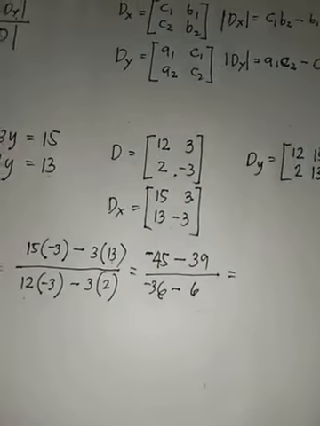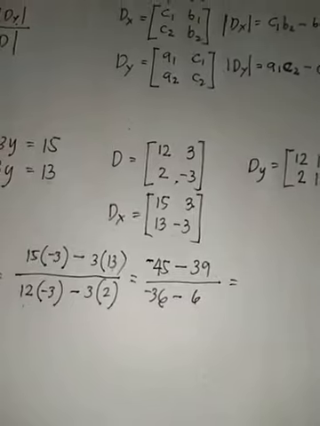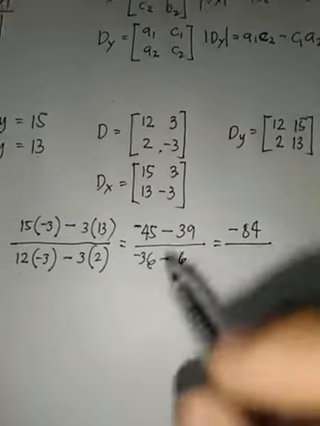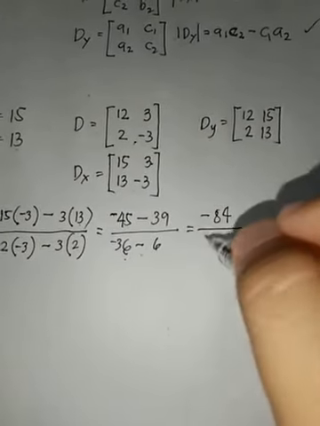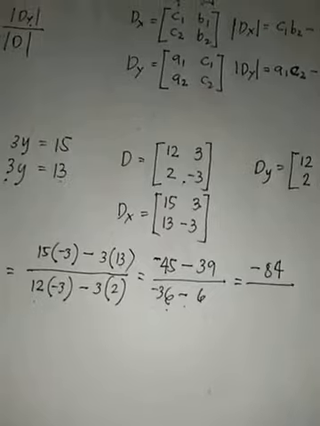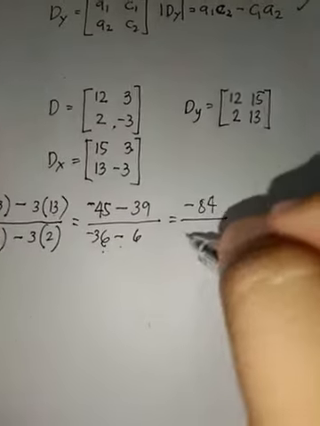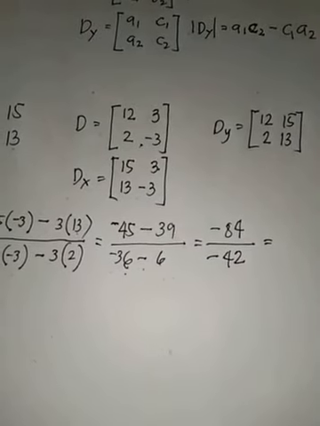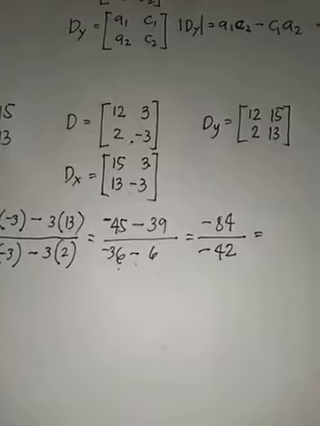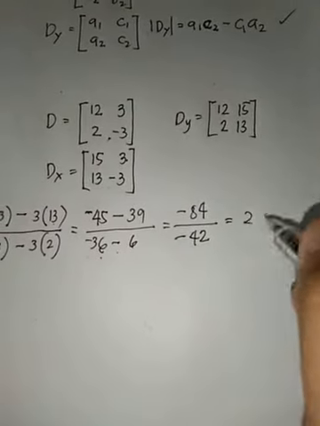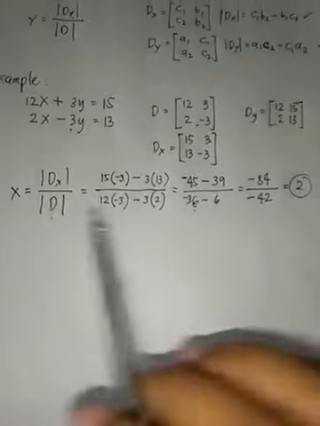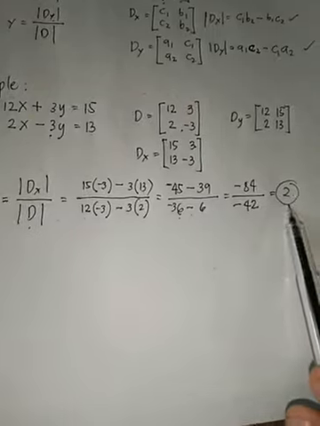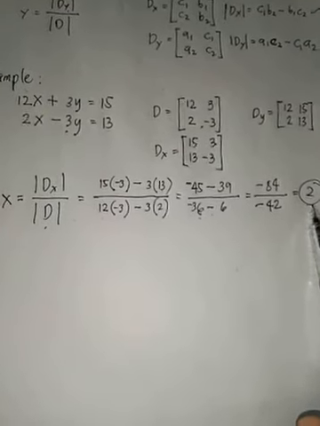So, negative 45 minus 39, we have negative 84 over negative 36 minus 6, it's what? So, it is negative 42. So, negative 84, i-divide mo siya sa negative 42, the result is 2. Okay? So, therefore, our x is 2. So, meron na tayong x.